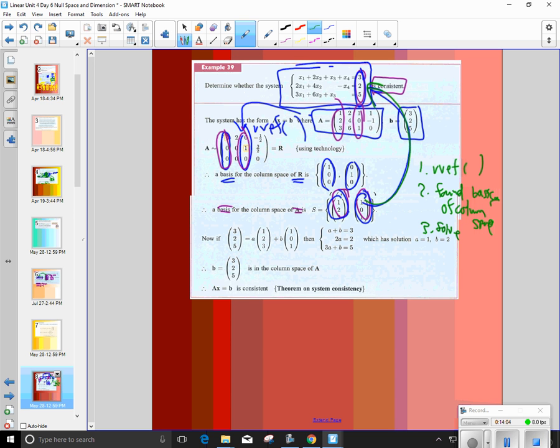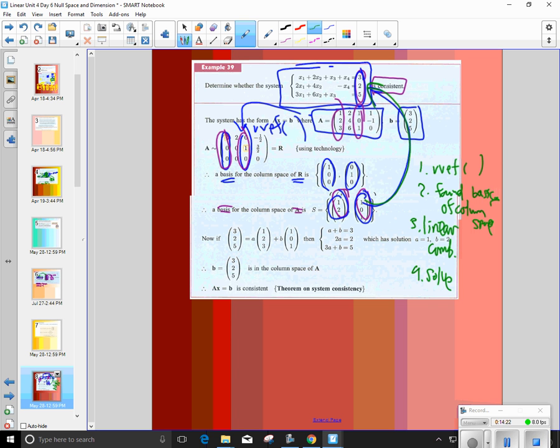Now, how are we going to do that? Well, I shouldn't say solve. We're going to do a linear combination. Linear combination. And then we're going to solve.